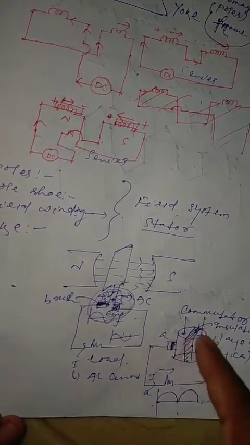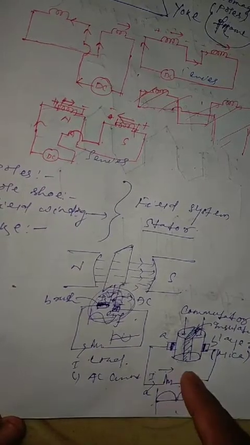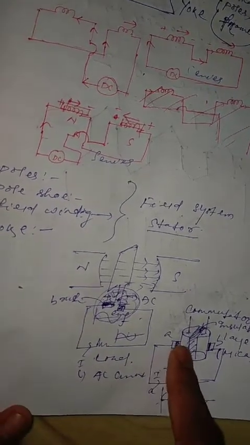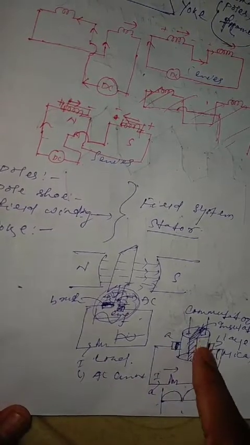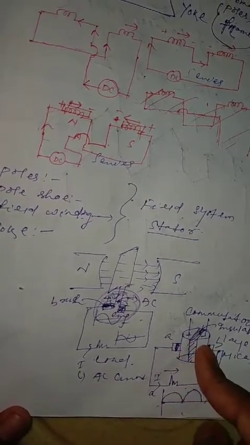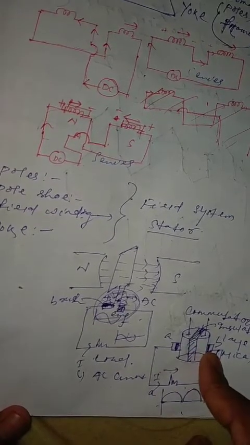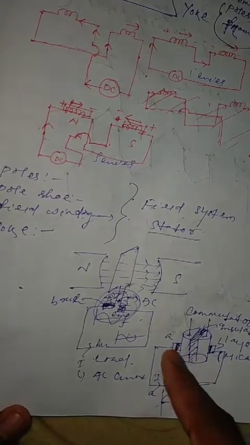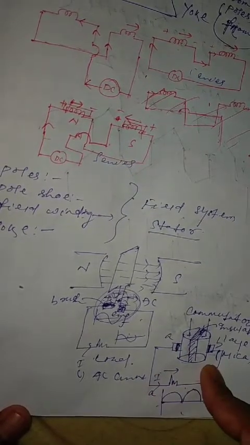As this one is positive, this one is negative, current also will be flowing in the same direction. The brushes will not be rotating, even though this one will be rotating, and the brushes' position is fixed. So for the positive half cycle current flows in this way, for the negative half cycle also the current flows in this way.